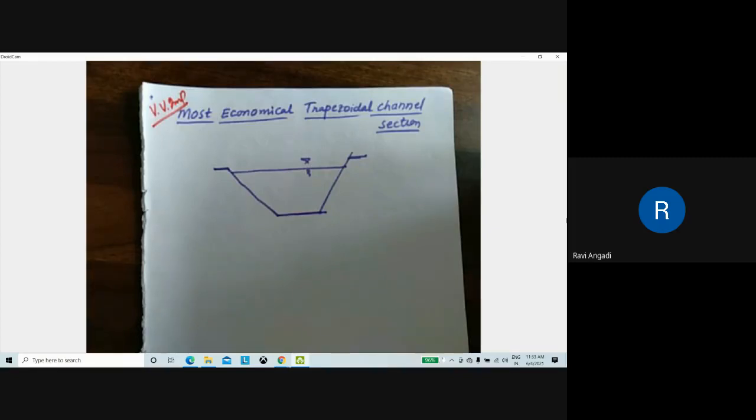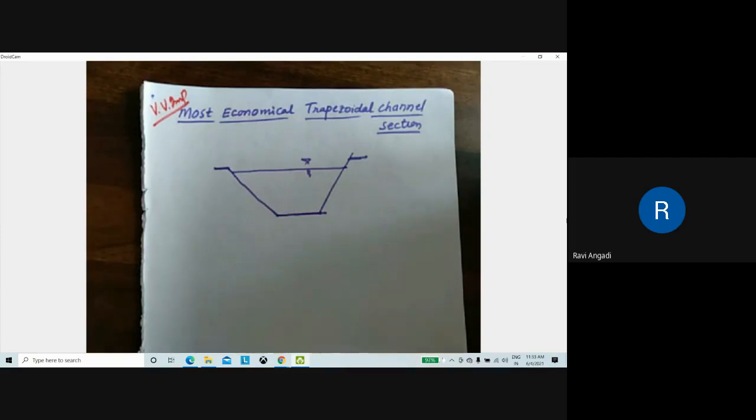So here I am taking the next shape, the trapezoidal channel section. Please all of you draw this trapezoidal channel section. Shall I start? Have all of you drawn this? This kind of channel section is always provided in earthen channels.